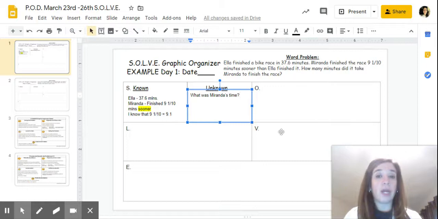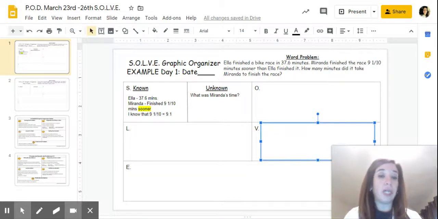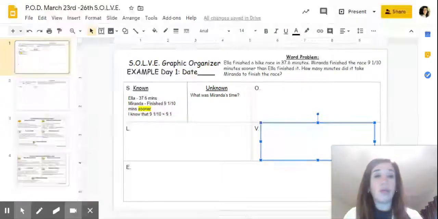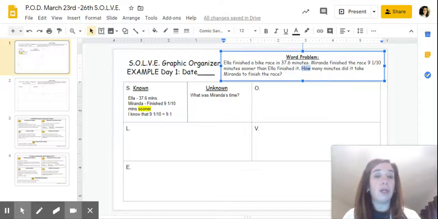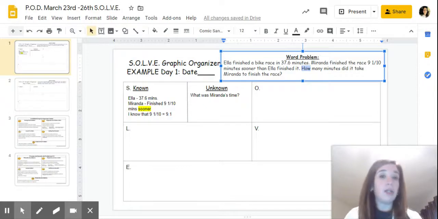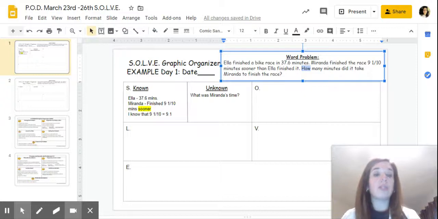Now, once I know that, I'm going to go to my verification statement. And if you remember, whenever we do a verification statement, I tell you all to use the question and restate it in your own words. The words that we always leave out are the question words, which are who, what, when, where, why, and how. I'm going to take that out and look at the rest of the words and see how I can use those words to start my verification statement.